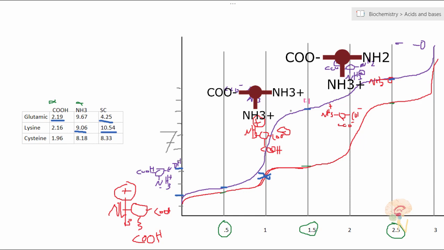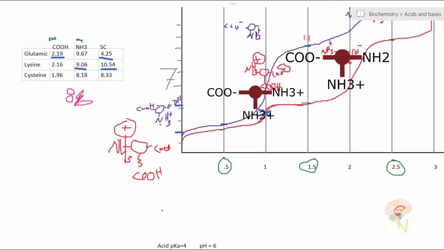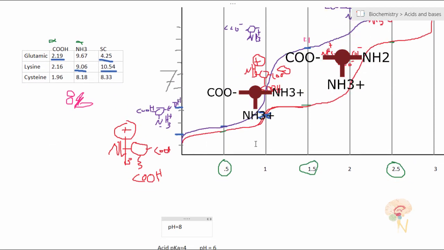Whereas if it asks, let's say, at pH equals 8, what is the ratio between this form and this form?